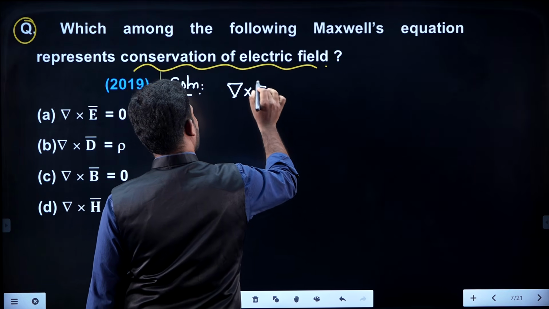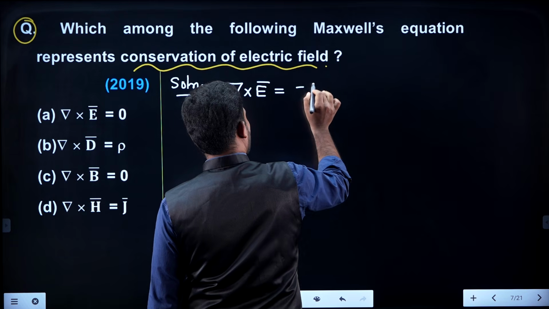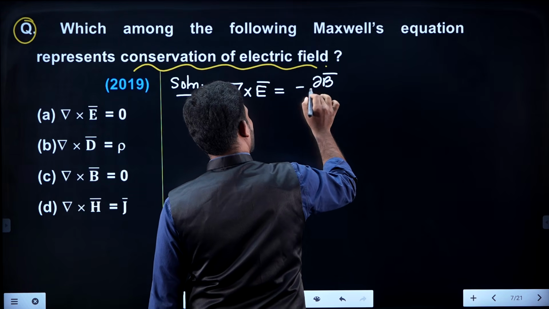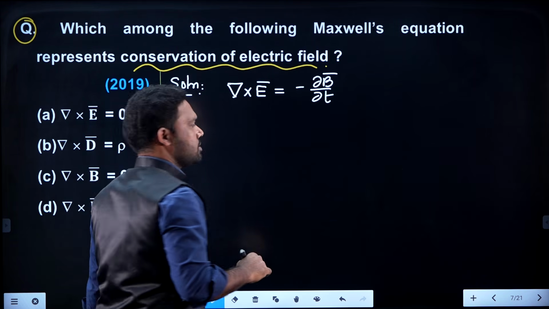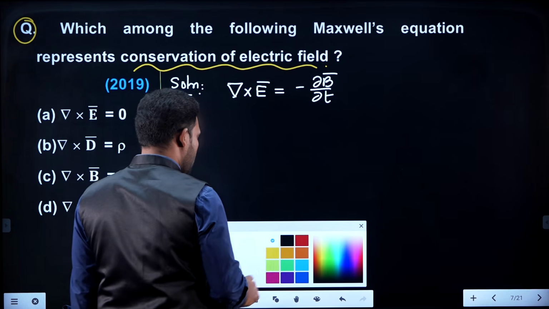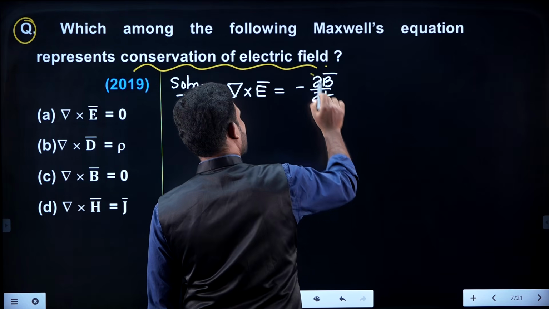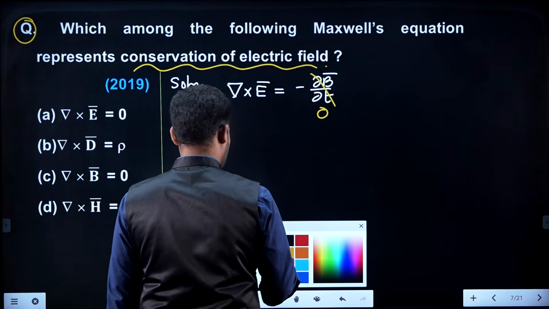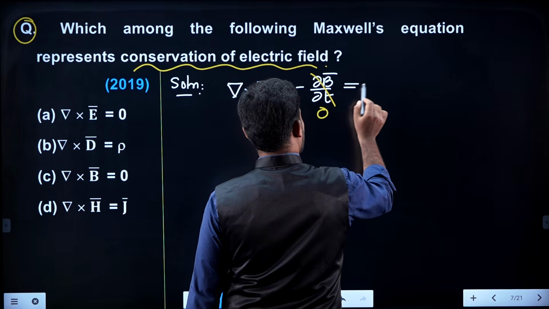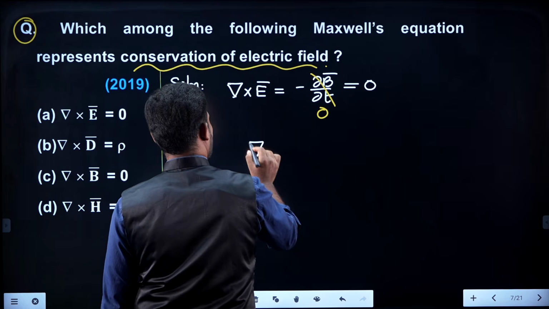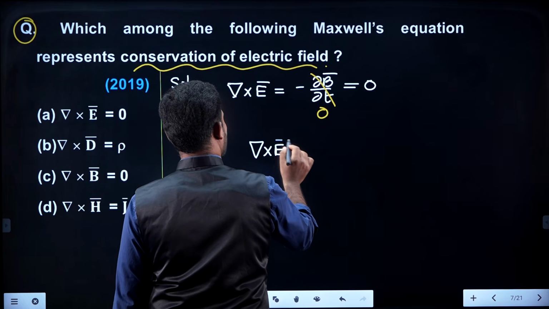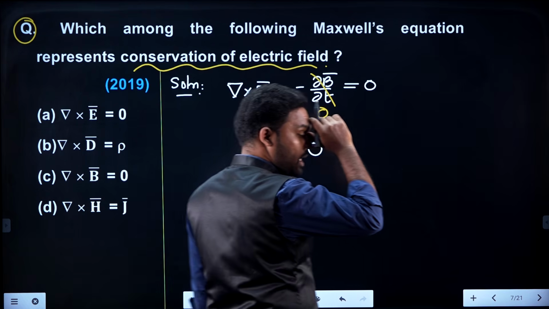We have del cross E is equal to minus dou B by dou T. So, if it is a static case, dou by dou T is 0. It is a conservative property.